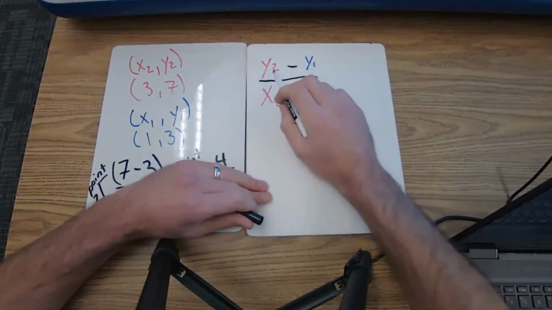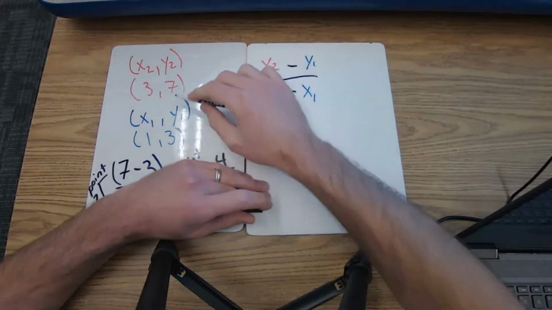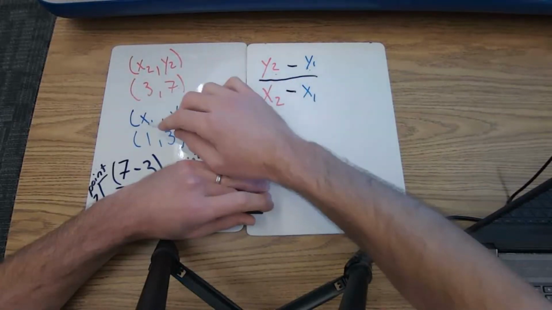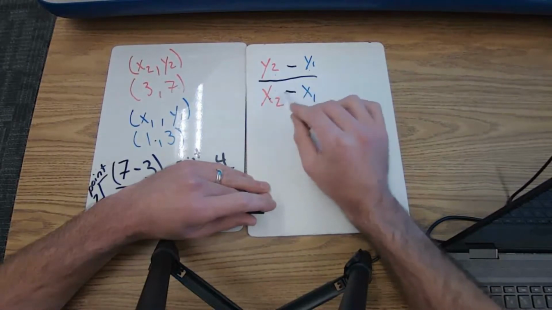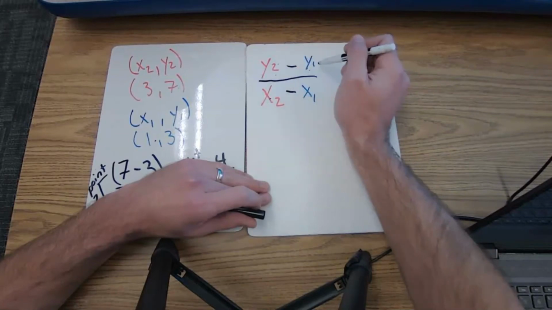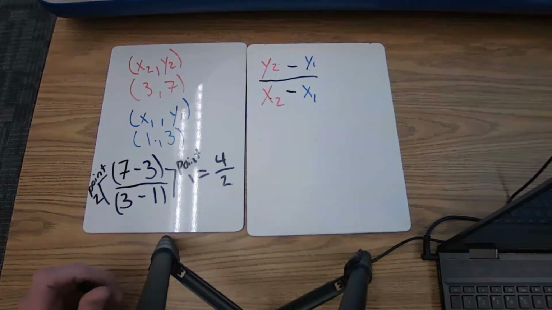Okay, so you'll see you're going to take your two y's, your second numbers, and subtract them and put them at the top of your fraction. And then take your two x's, your first numbers, and subtract them and put them in the bottom of your fraction. The one thing you have to make sure of is that both of these are on top of each other. Okay?